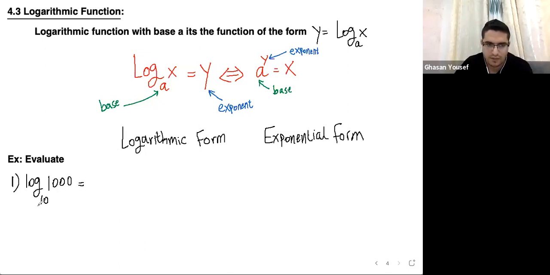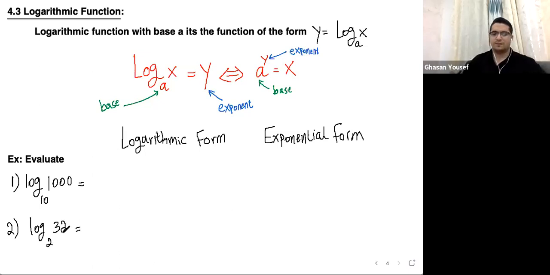What is that equal? Second one, logarithm of 32 to the base 2. What is that equal?